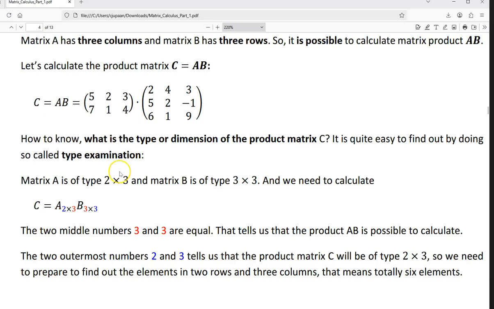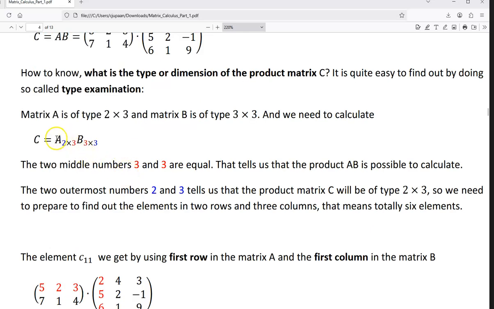And if you have to calculate A times B in this order, write those matrices in a row and then add those types there.